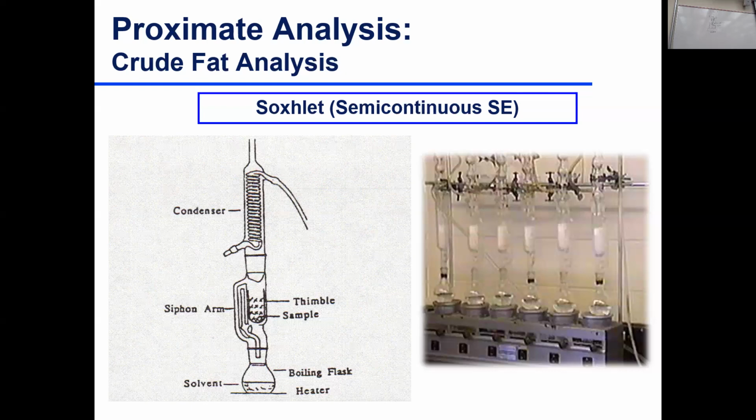It was outside of the hood, and the TA at that time cranked up the heat and left it. The solvent evaporated in minutes, and there is an opening up here. So the solvent, instead of condensing down, was coming out of the top, onto the hot plate.